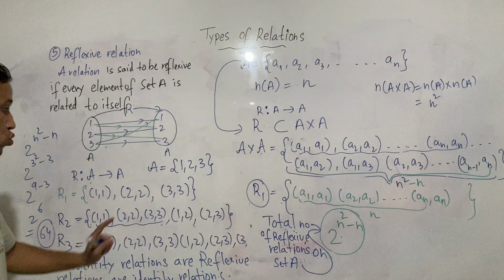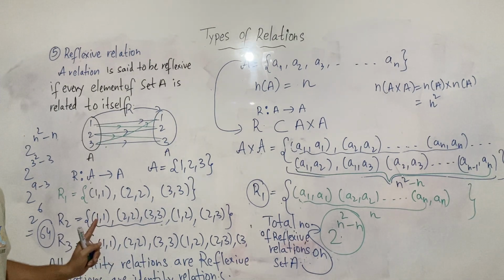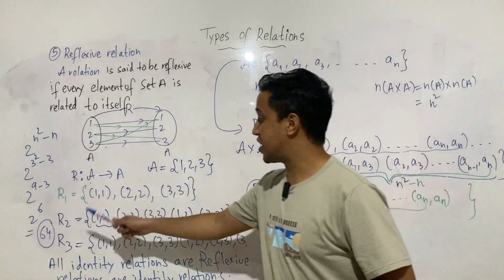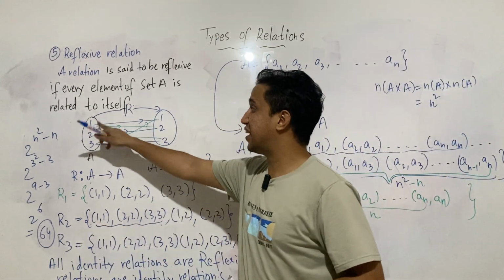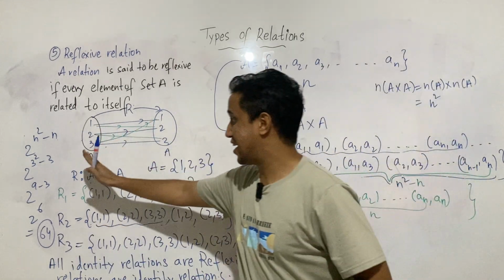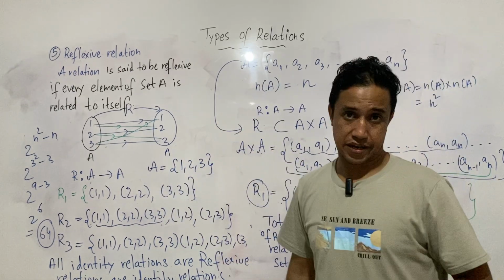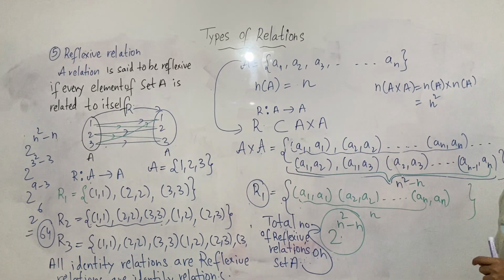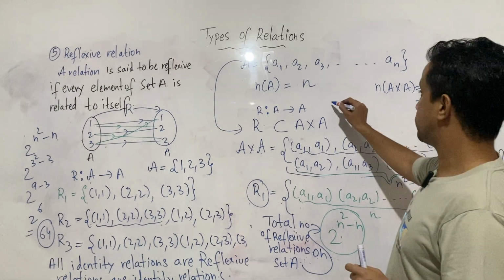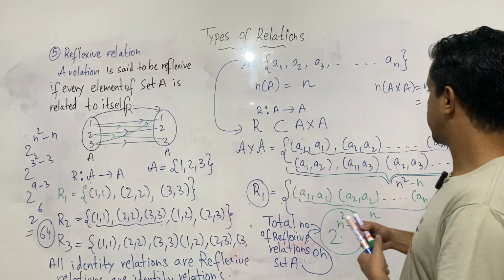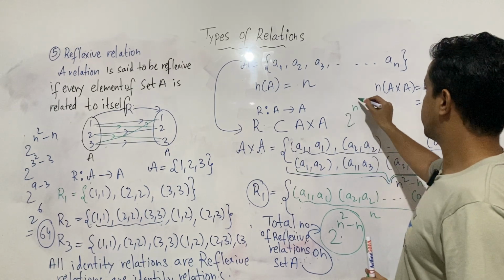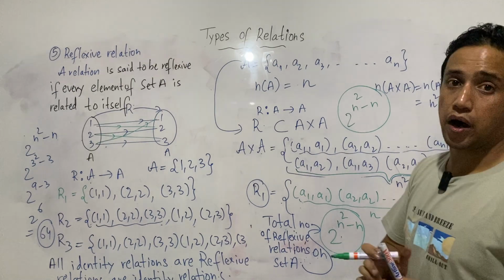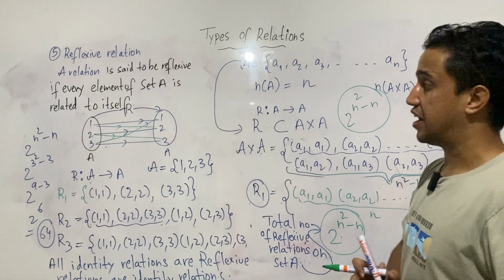I hope you understand it. It means that you can create 64 reflexive relations on set A. So the total number of reflexive relations is 2 raised to power n square minus n, where n denotes the number of elements in the set.